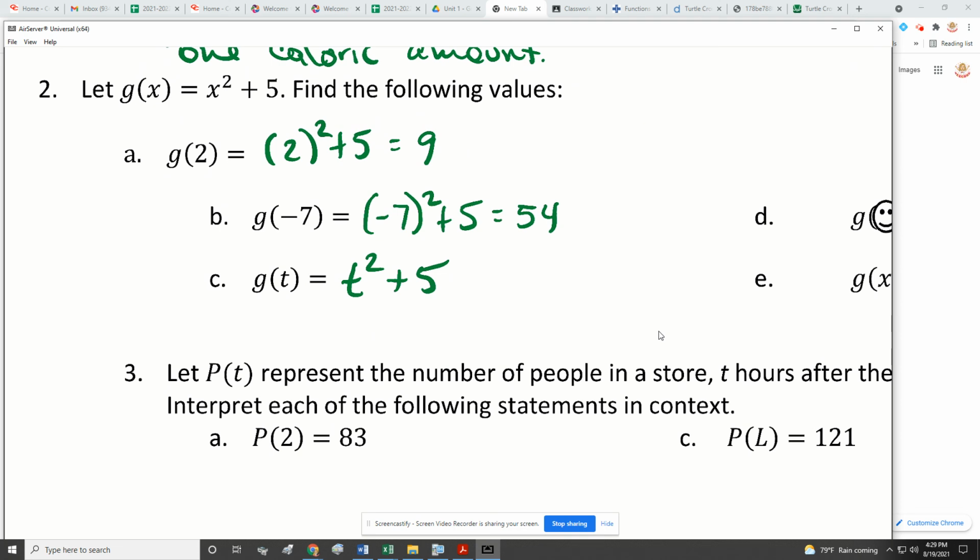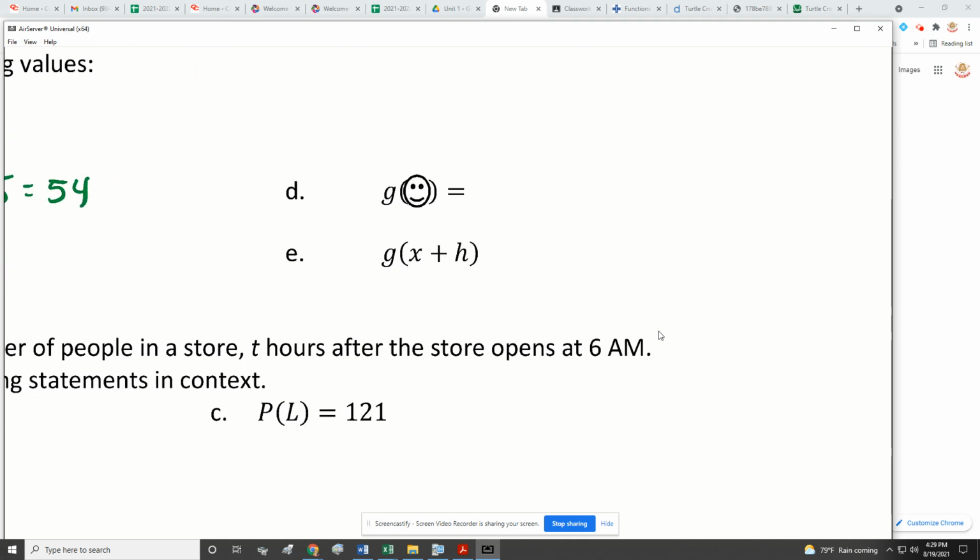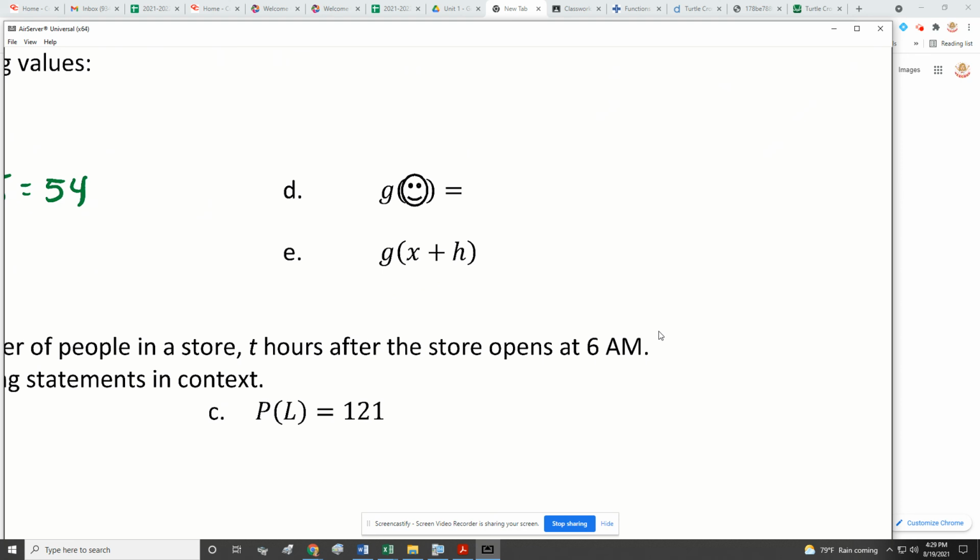We're going to take that x and turn it into a smiley face. So we'll square it and add 5 to it. All right, and then for E, we're going to take that x and turn it into an x plus h. So we're going to square it and add 5 to it. All right, so that's evaluating.